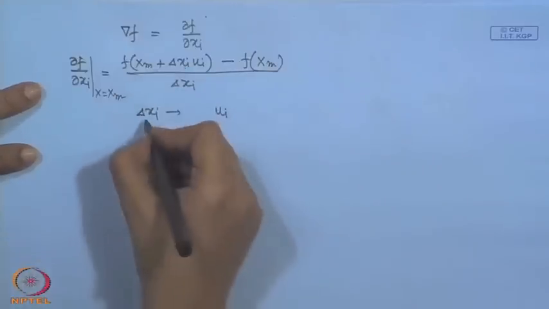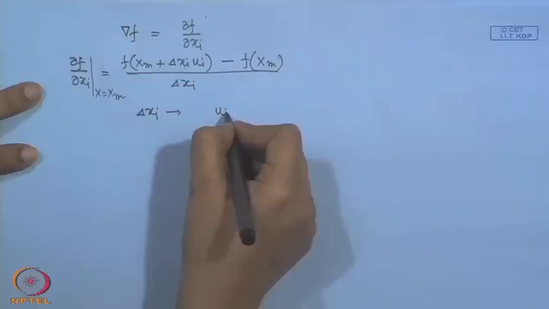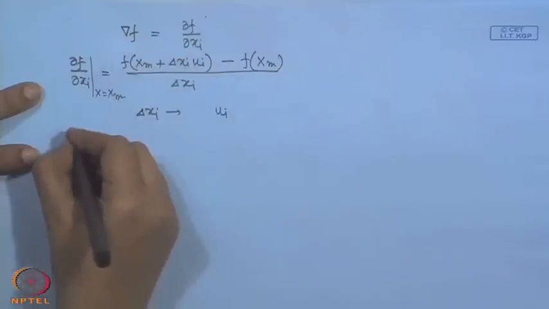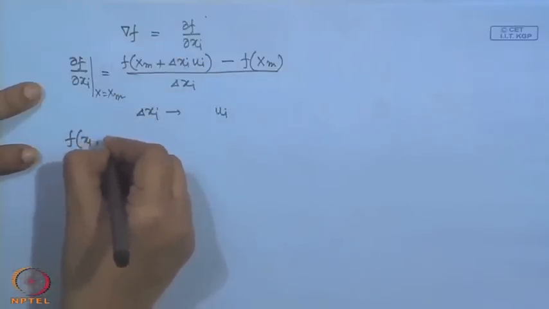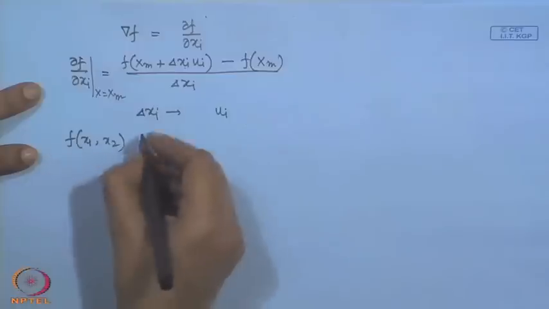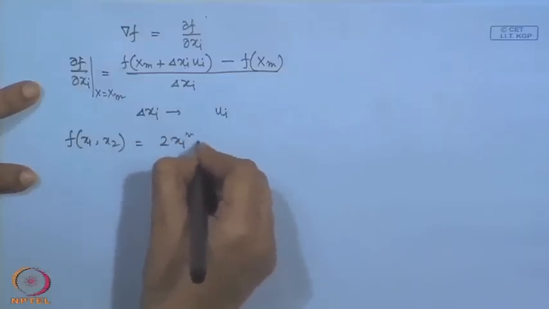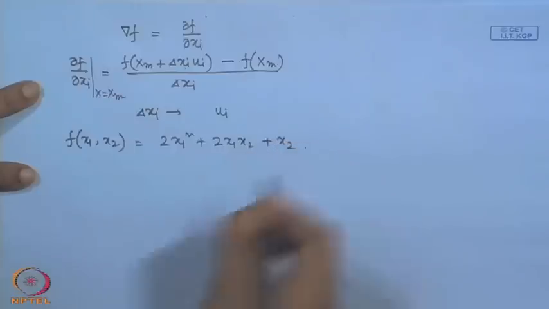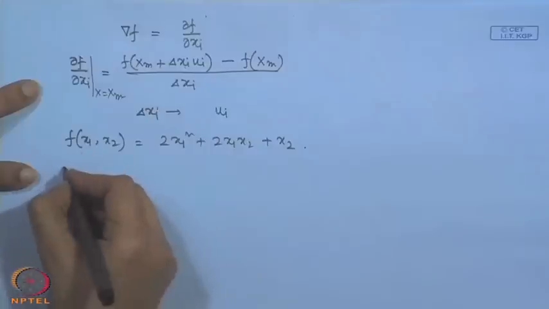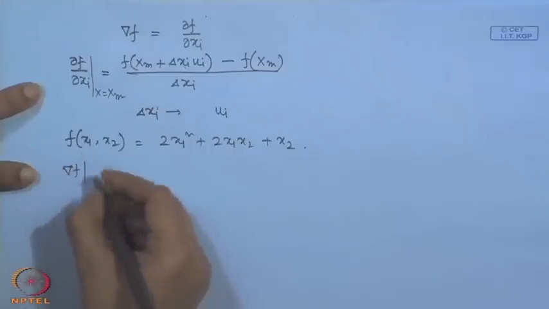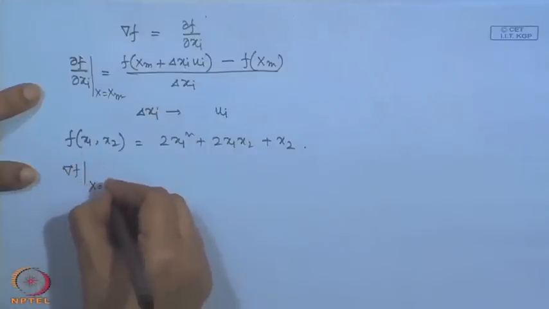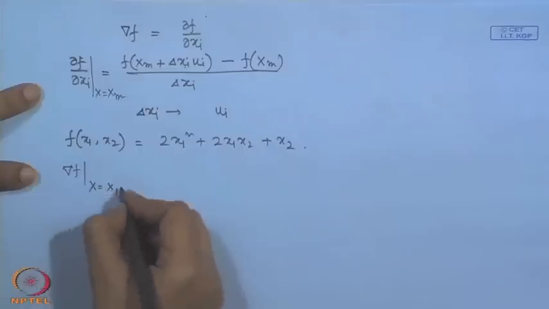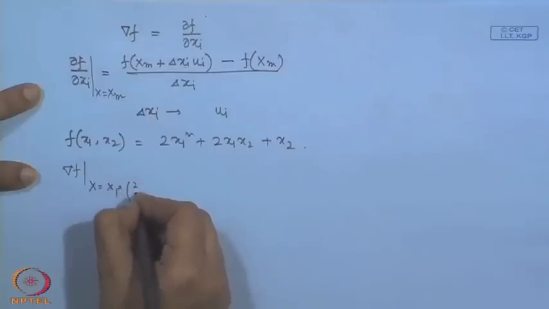Let me take one example, then it would be very easy for us to understand. Say f of x 1, x 2 is equal to 2 x 1 square plus 2 x 1 x 2 plus x 2. Now, we want to find grad f at point x equal to x 1, some point, let me consider it at 2, 1.